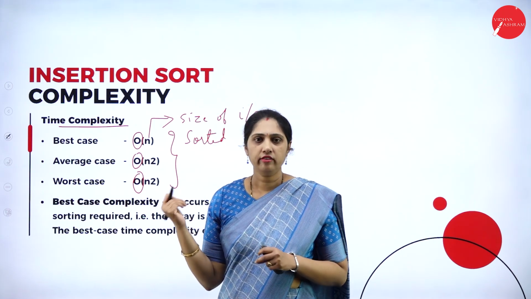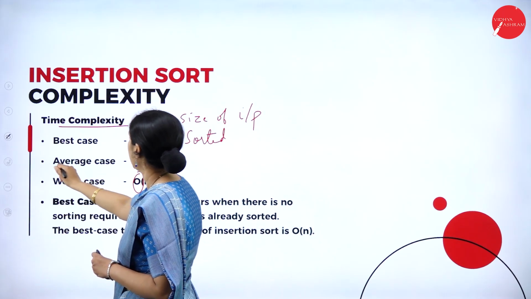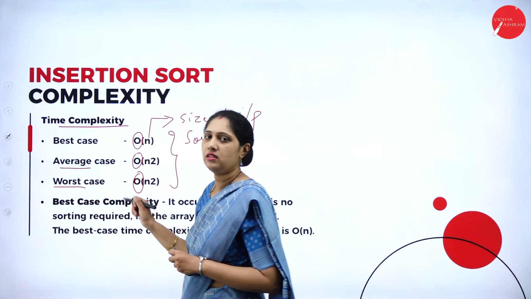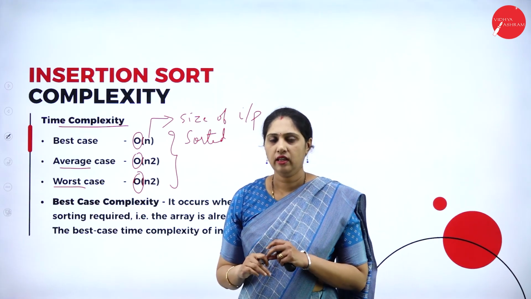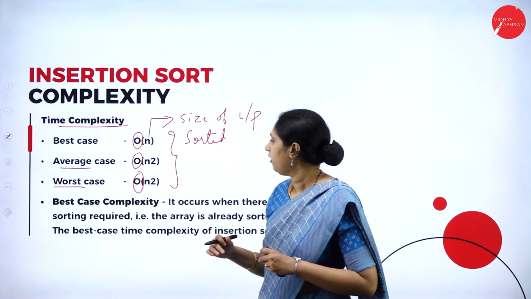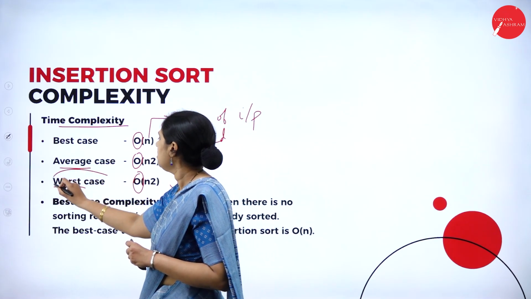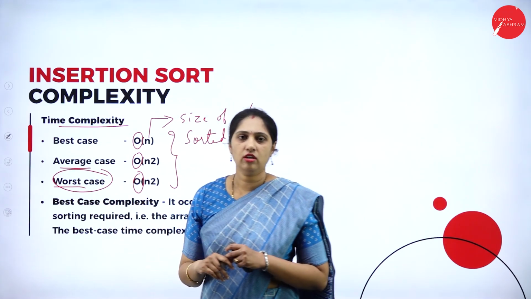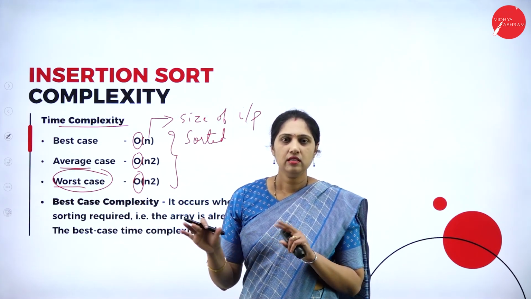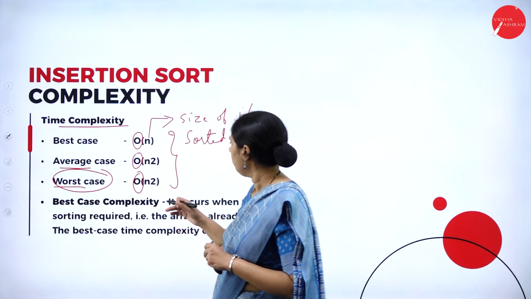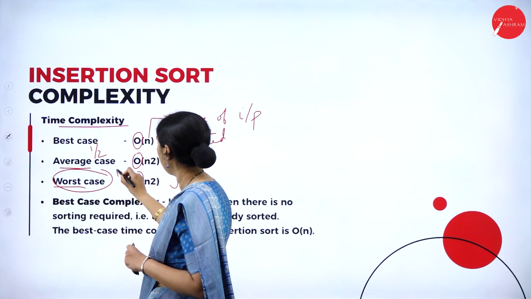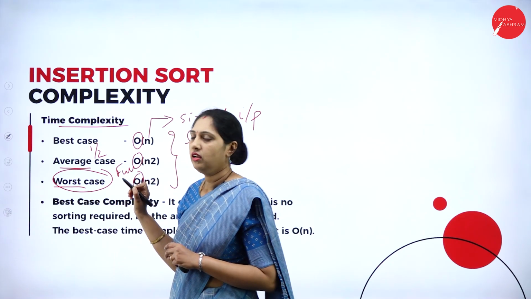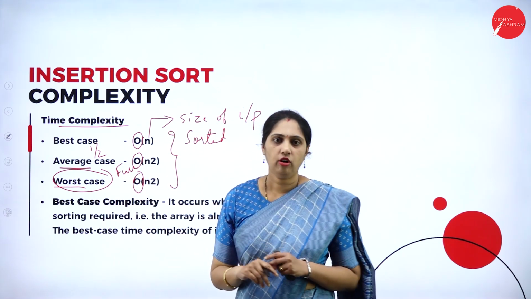So what about the average and worst case? We always give an example for average cases: half of the elements are already sorted and half we have to sort. In the worst case, it is all unsorted. We have not given a sorted array as input; it is jumbled up. Even though in one case half is sorted and in the other we have to sort fully, both have the same complexity.